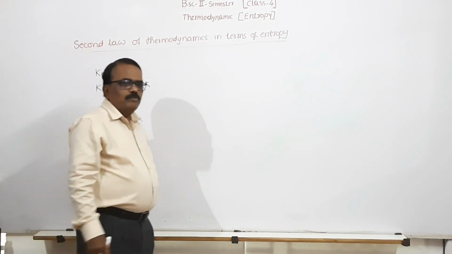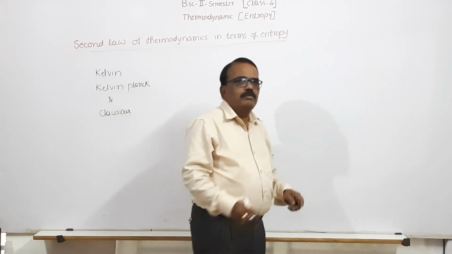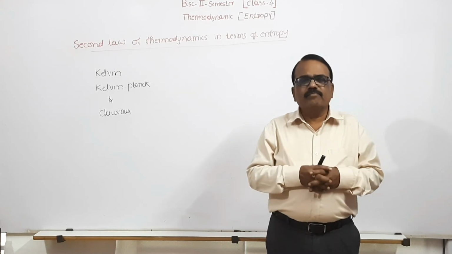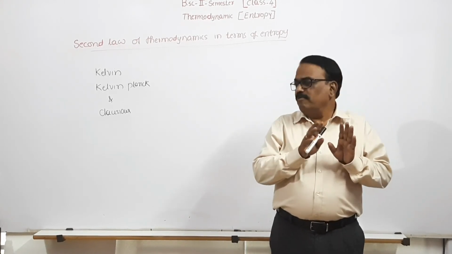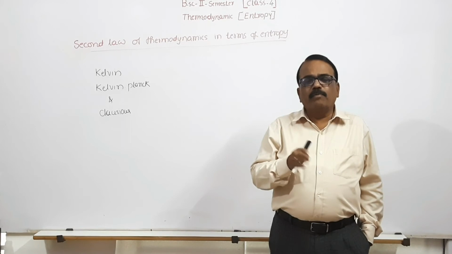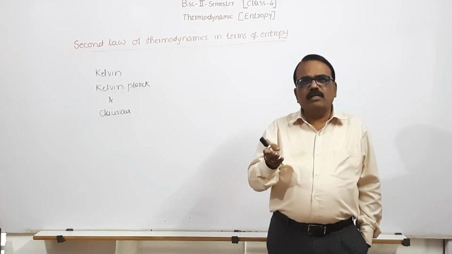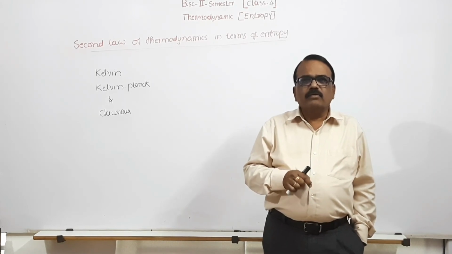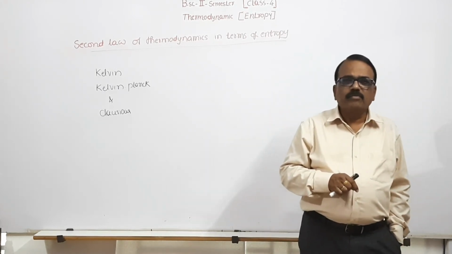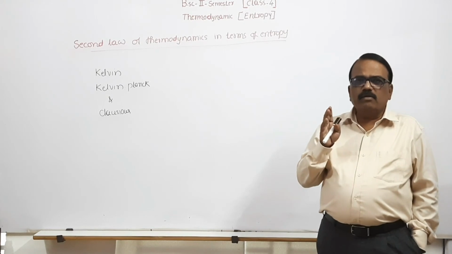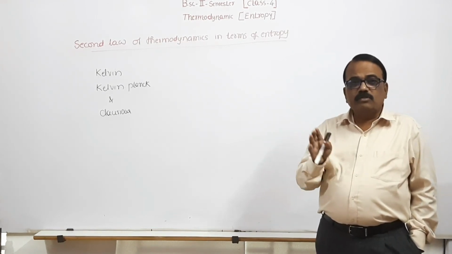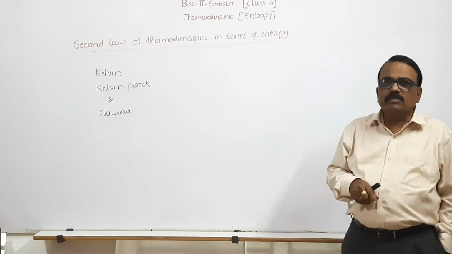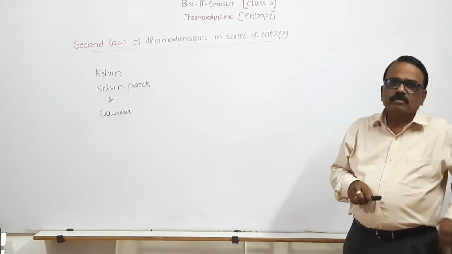All these statements of the second law of thermodynamics are completely equivalent, but they do not give much about the direction in which the physical and chemical processes take place. So Clausius gives the most general mathematical form of the second law of thermodynamics in terms of entropy.